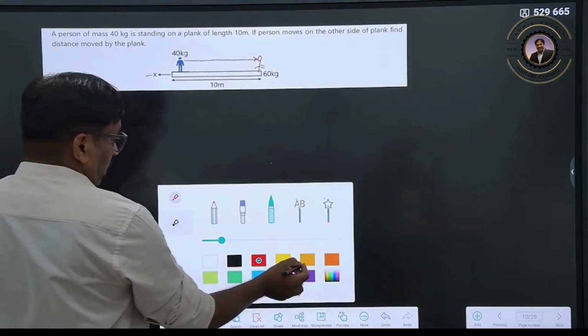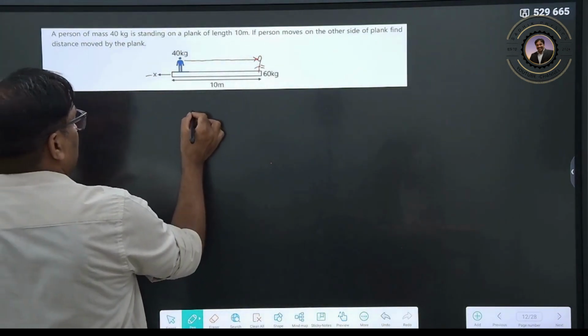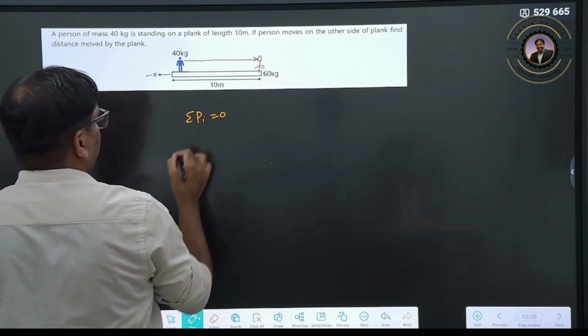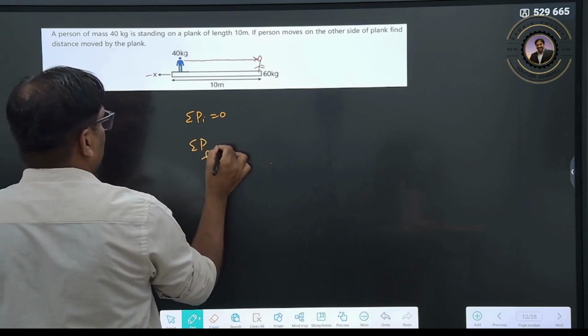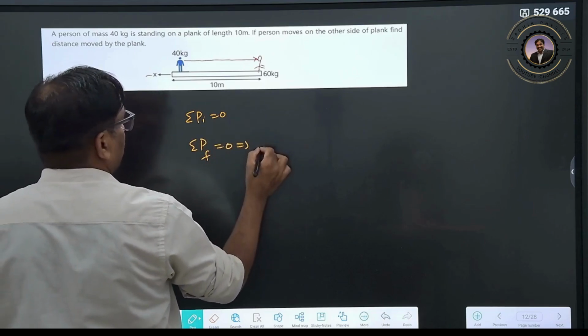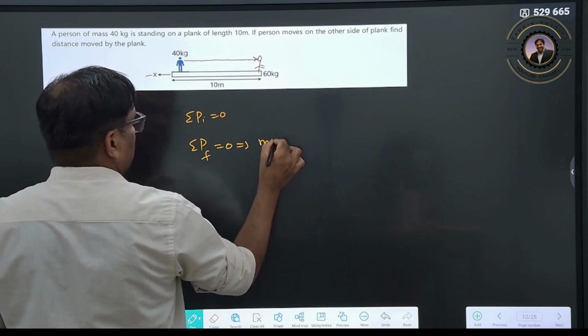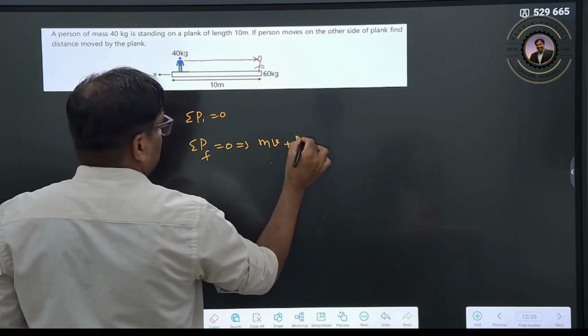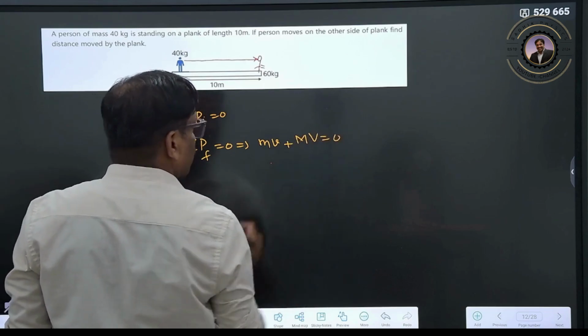Now here initially, the initial momentum was how much? 0, therefore the final momentum also should be equal to 0. That implies mass of the person into velocity of the person, plus mass of the plank into velocity of the plank, also should be equal to 0.